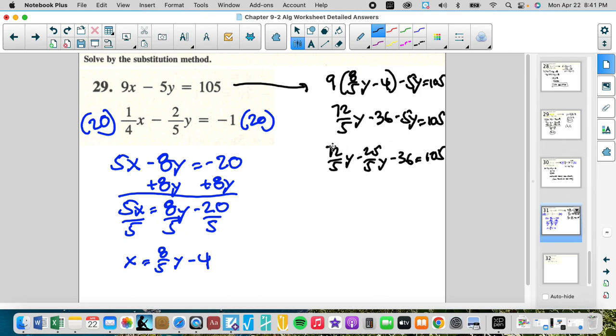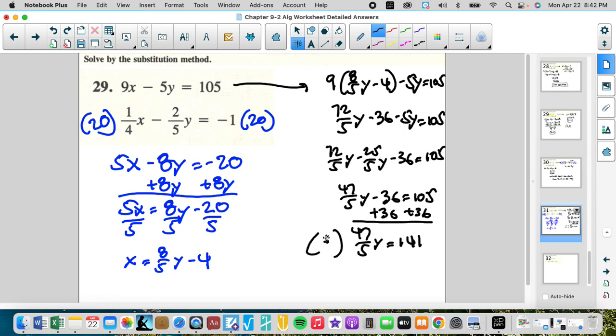25 minus 72, that's 47 fifths y minus 36 equals 105. Add 36, add 36. 47 fifths y equals, that's 141.